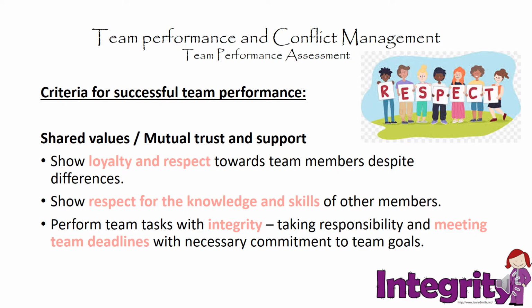If one person in the team doesn't meet a deadline because he wasn't committed to his job and his job isn't done, that means nobody else can eventually do their job. Now we're waiting for that one person because he didn't meet the deadline. You guys know what it feels like sometimes to work in a group where one person has to do everything and the other people don't meet deadlines and don't do what they said they would. The whole team is going to suffer because of that. So have integrity, do the right thing.